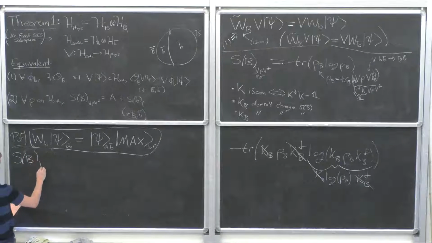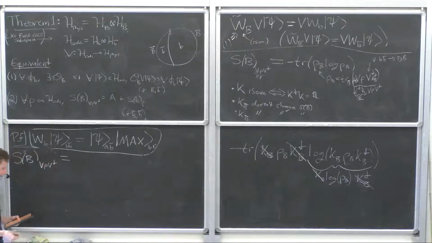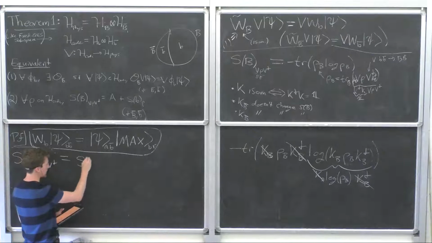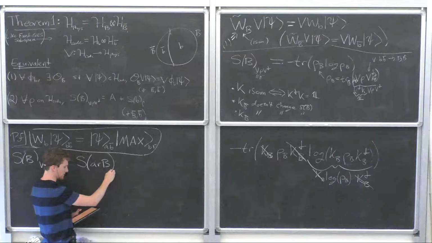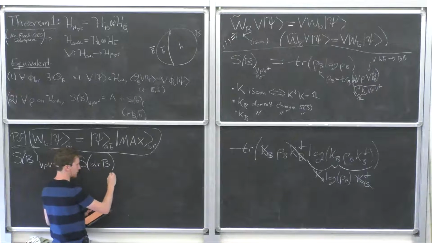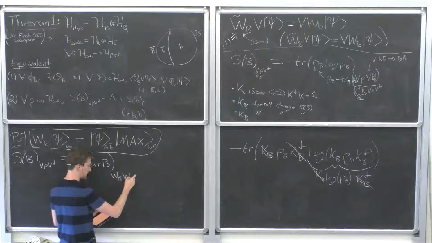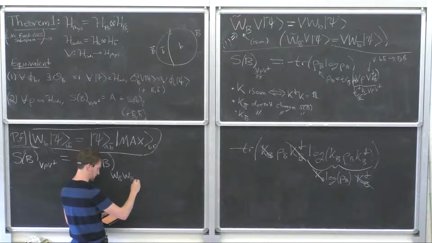S of capital B, V rho V dagger. This is what we're trying to compute. And I claim, from what we've seen, that it just equals S of little a, little r, capital B in this following more complicated state. So I apologize, it's going to look nasty, but all I'm doing is taking V rho V dagger, and then conjugating it by these isometries that we constructed.